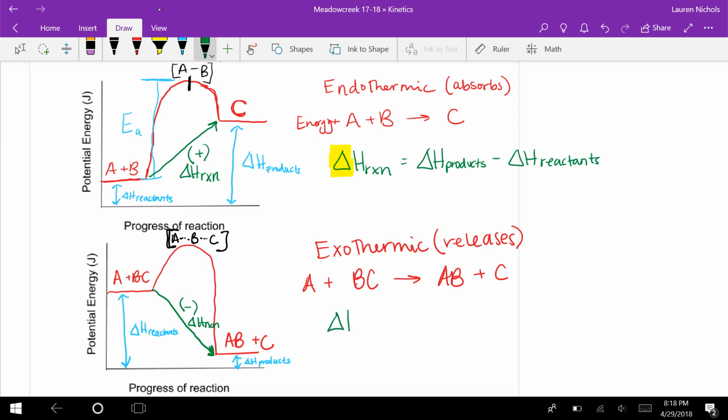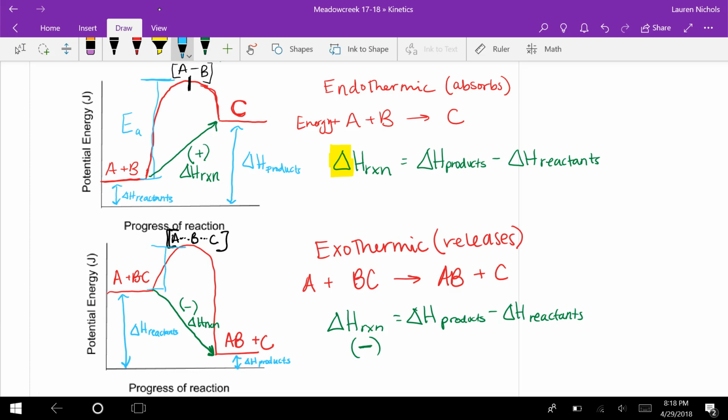So our delta H of reaction is going to be our delta H of our products minus the delta H of our reactants. And because our product value is going to be so much smaller than our reactant value, that's how we get this negative number here.